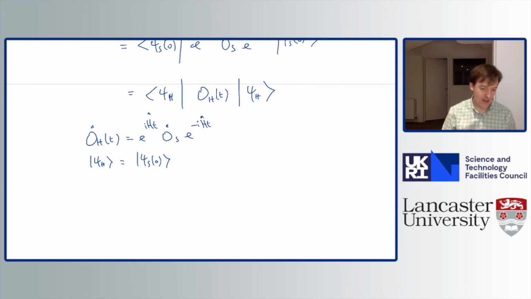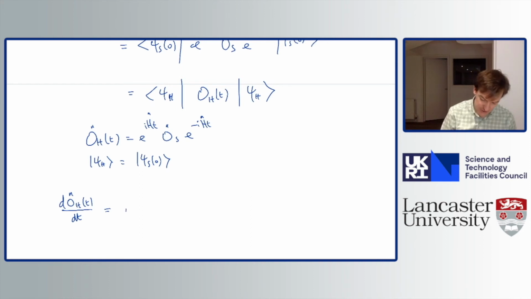We can do that by differentiating our Heisenberg operator with respect to time. So let's find out what the equation of motion is for this Heisenberg operator. We can do this simply by differentiating this expression with respect to time.